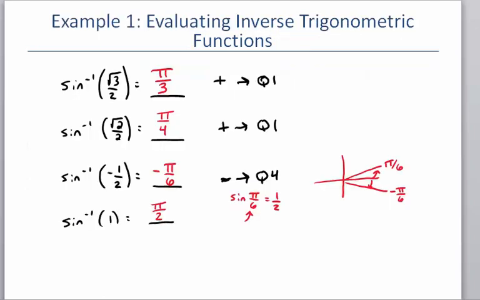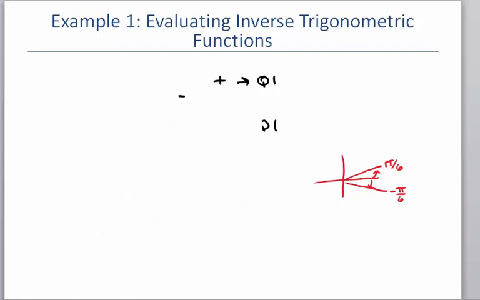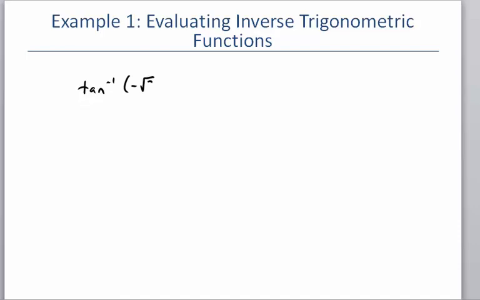Okay, so let's move on and let's do a few tangent ones. The reason that I'm moving to tangent next is because remember that tangent and sine share the same restriction and the same quadrants. So let's just do a few of those to be sure that we're okay with that. Let's say that we have tangent inverse of negative square root of 3, and we have tangent inverse of positive 1.